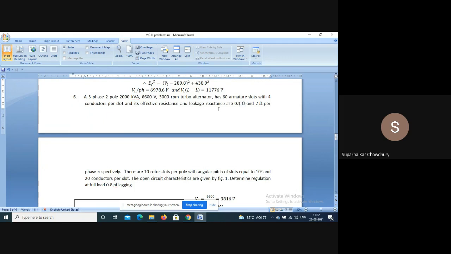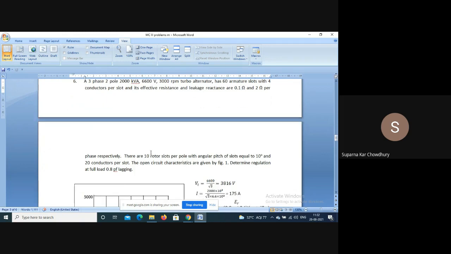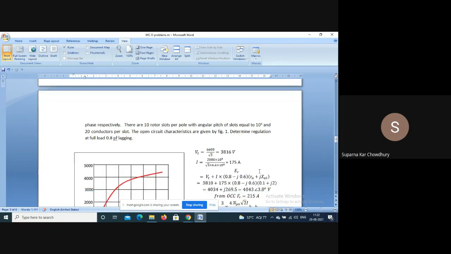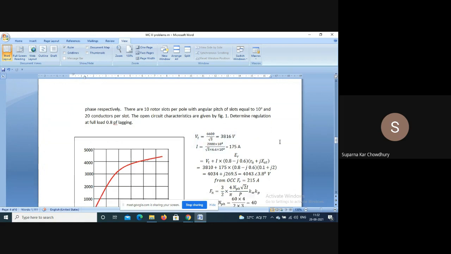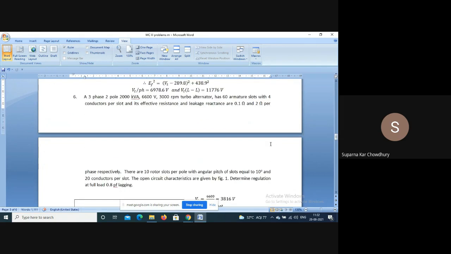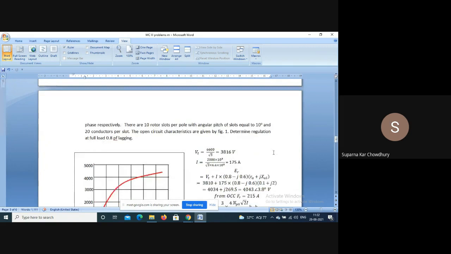Now the winding distribution is given, so we have to calculate the winding factor. First, we have calculated the rated voltage per phase and the rated current. Now here the resistance and the leakage reactance values are given.